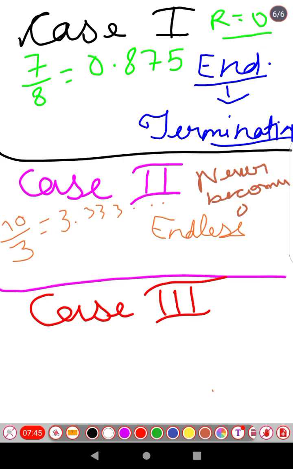It repeats. So the usual way of showing that 3 repeats in the quotient of 10 by 3 is to write it as 3.3 bar, as I told you earlier. Where the bar above the digits indicates the block of digits that repeats. So all these examples give us non-terminating recurring decimal expansion.